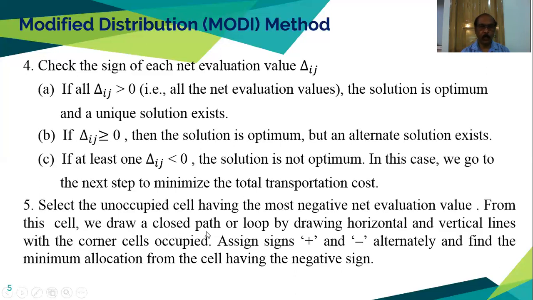From this cell, we draw a closed path or loop by drawing horizontal and vertical lines with the corner cells occupied, assigning plus and minus alternately. The cell from which we start the allocation will be positive. We basically mention it as plus theta. Then alternately the corner allocated cells are minus theta, plus theta, alternately.